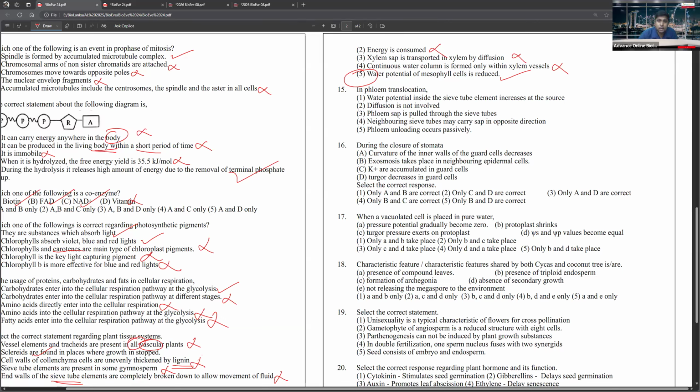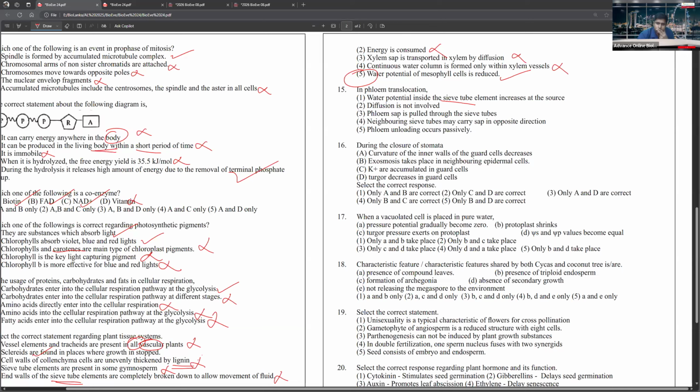Question number 15, in phloem translocation, water potential inside the sieve tube element increase at the source.